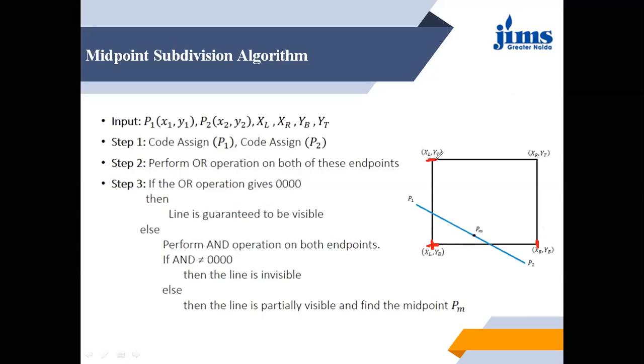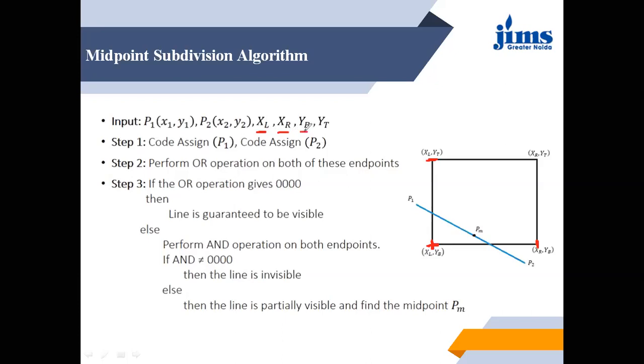This means the size of the window will be given to us. You can see from here that XL means the left boundary of the x-axis. This is XR, the right boundary of the x-axis.